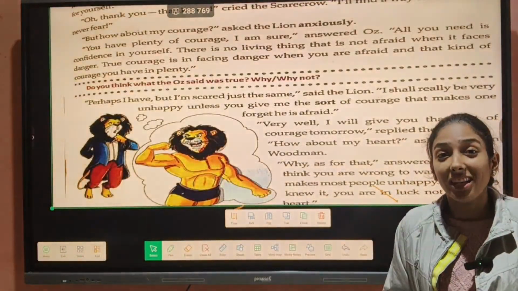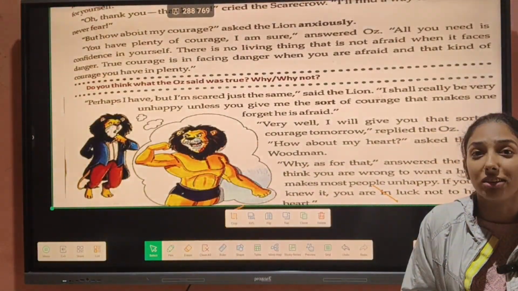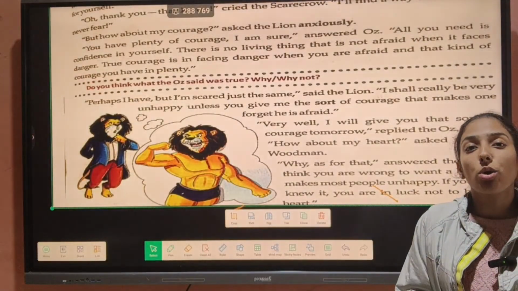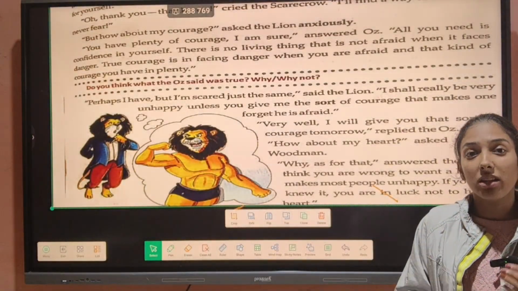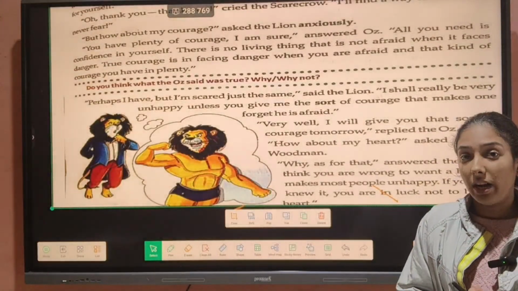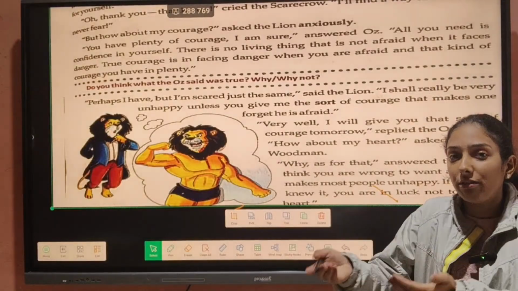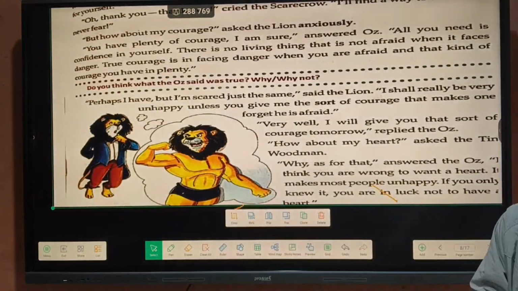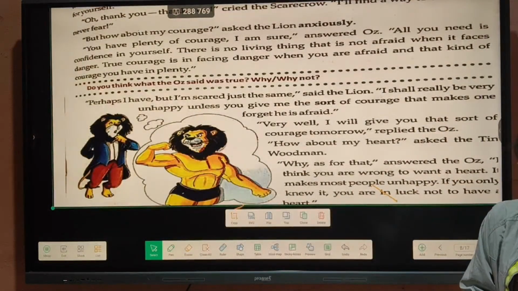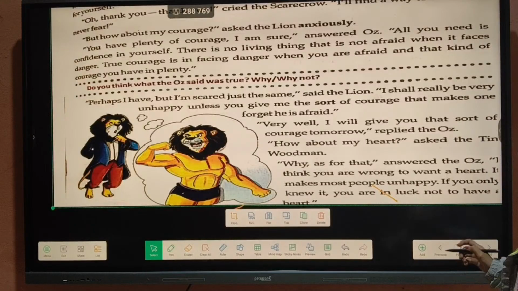Now Oz is saying that people who have a heart feel a lot of emotions, they become emotional and they can take wrong decisions. So it is better to not have a heart. You are lucky that you do not have any heart. Why do you even need it? There is no need.